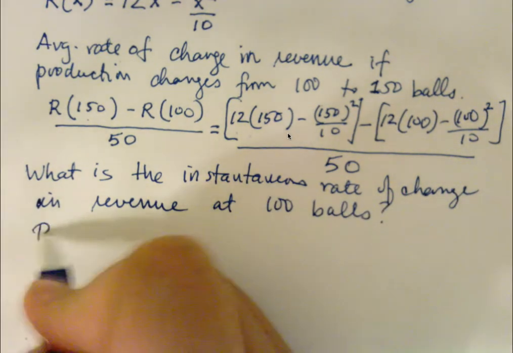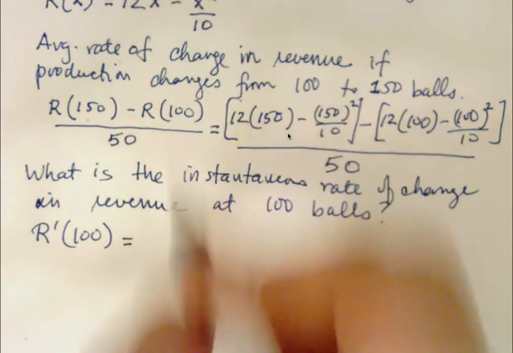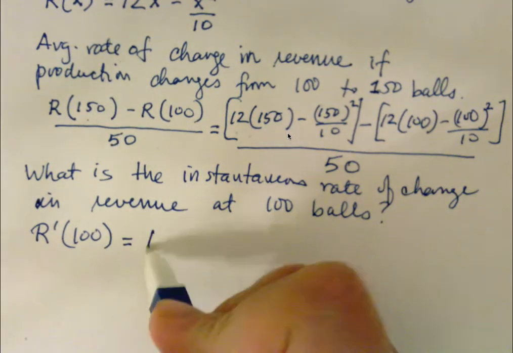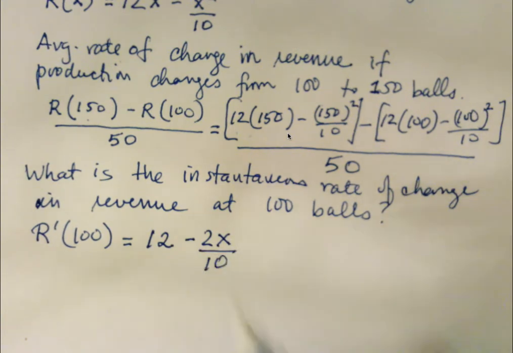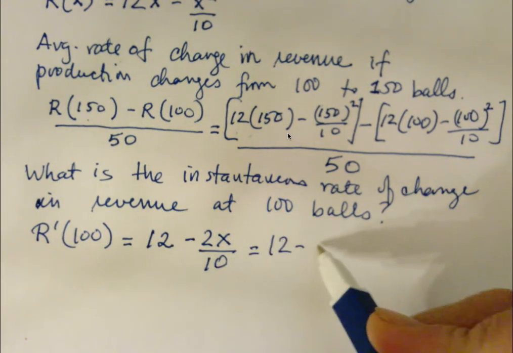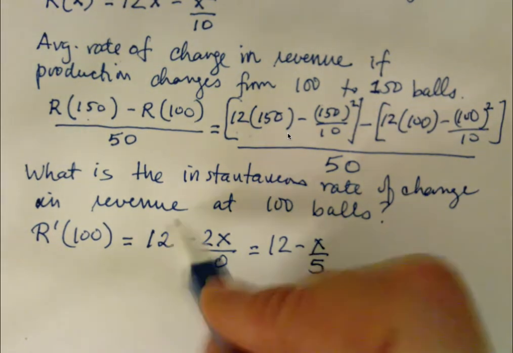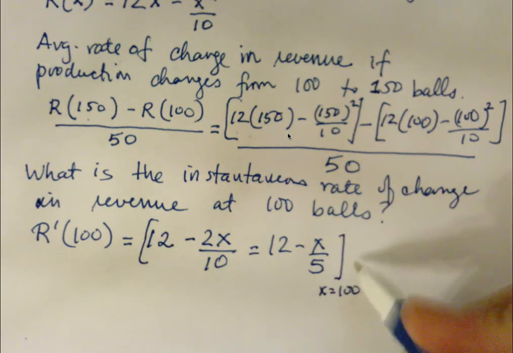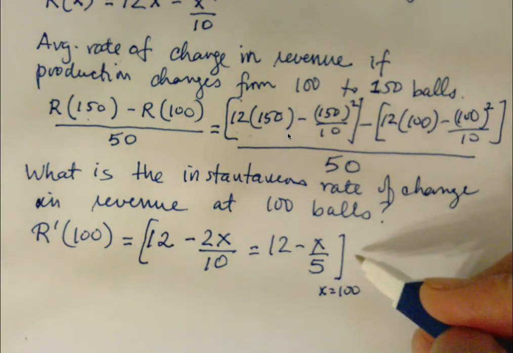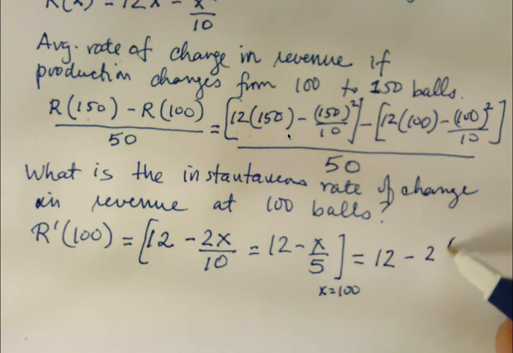That is R prime at 100, which equals the derivative of R, which is 12 minus 2x divided by 10, which equals 12 minus x divided by 5, all evaluated at x equals 100, which equals 12 minus 100 divided by 5.